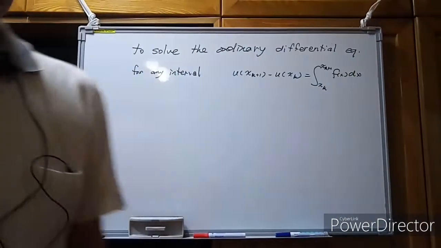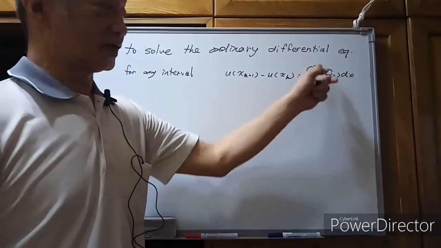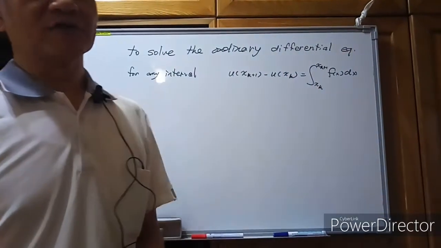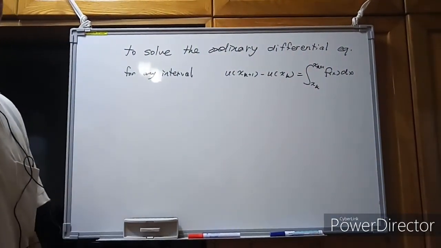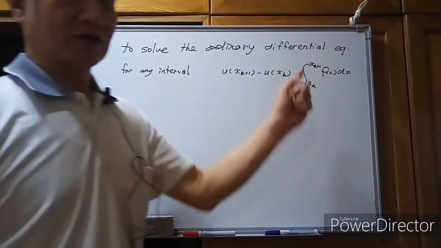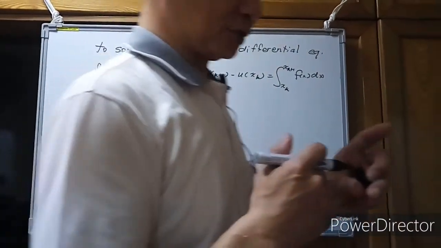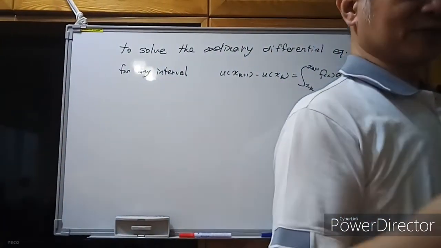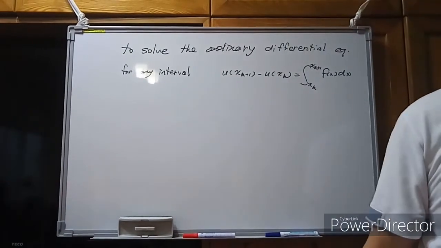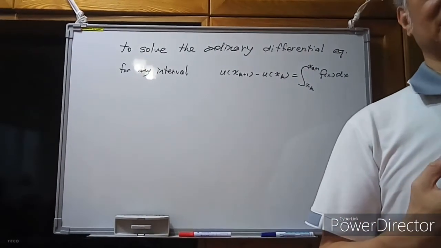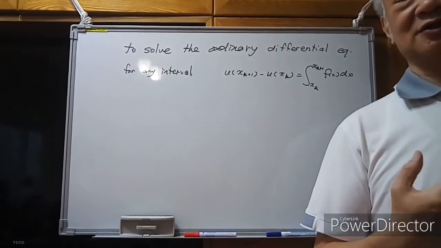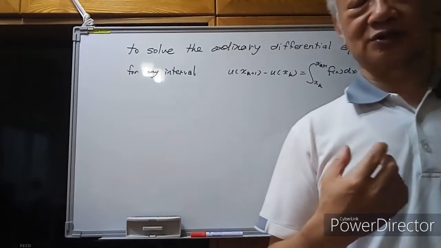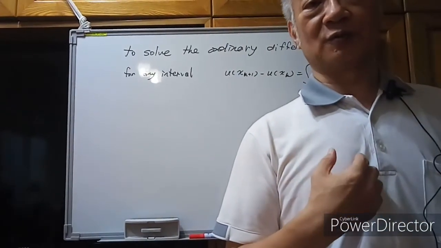Okay, so that's the basic formula. But sometimes the f of x function could be very complicated. Sometimes the f of x is also a function of x, or sometimes it is even a function of u, and in this case it is called a nonlinear problem.